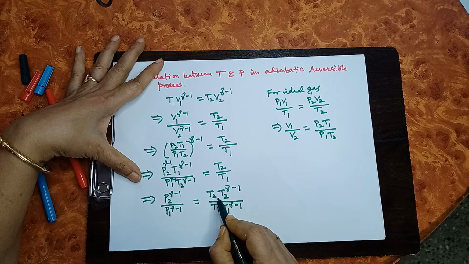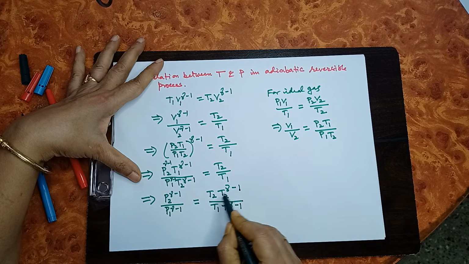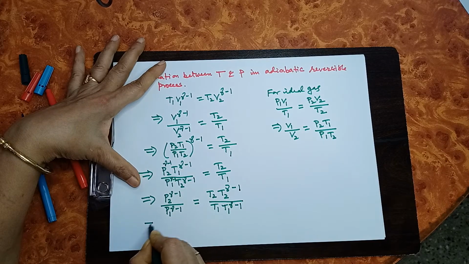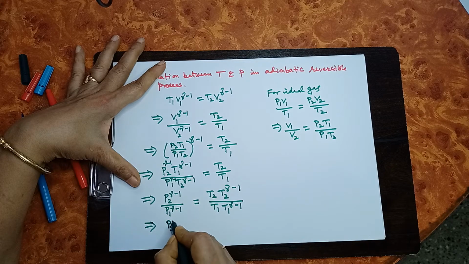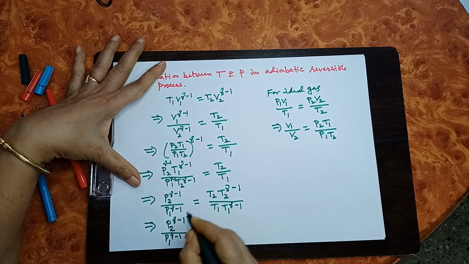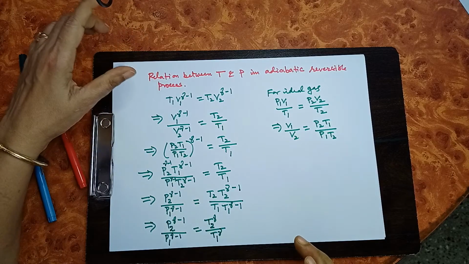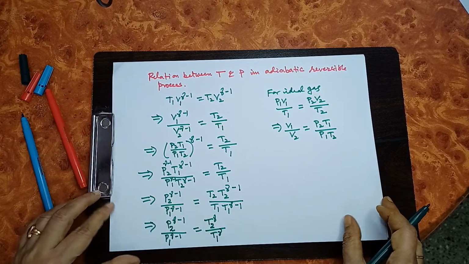So here also again bases are same, powers will be added up, so plus 1 minus 1 will get cancelled. So from here P2 to the power gamma minus 1 divided by P1 to the power gamma minus 1 is equal to T2 to the power gamma and T1 to the power gamma. Now I'll write on the next page.